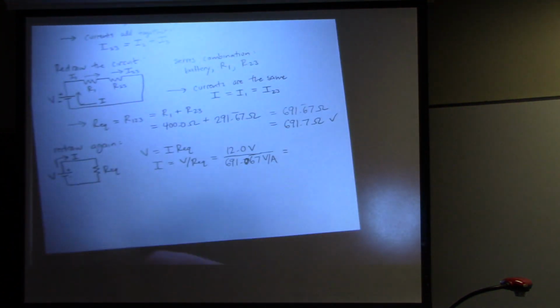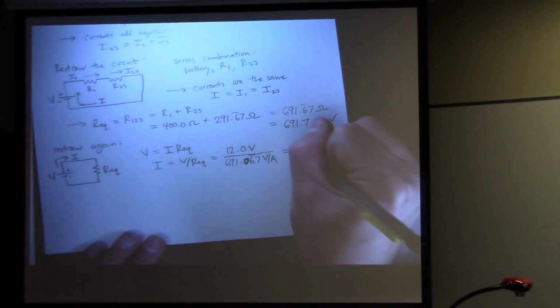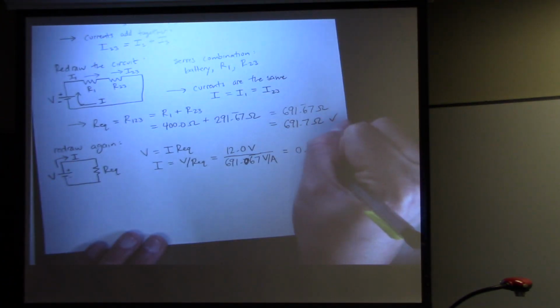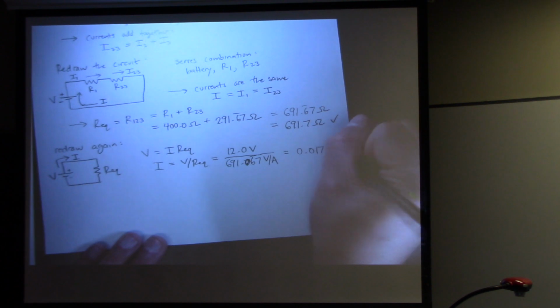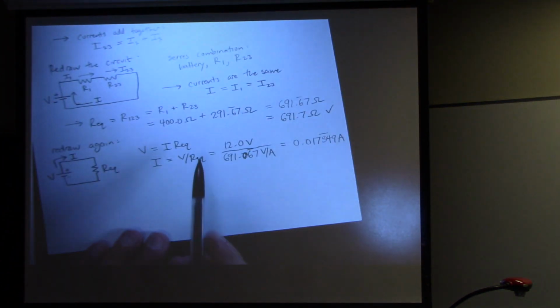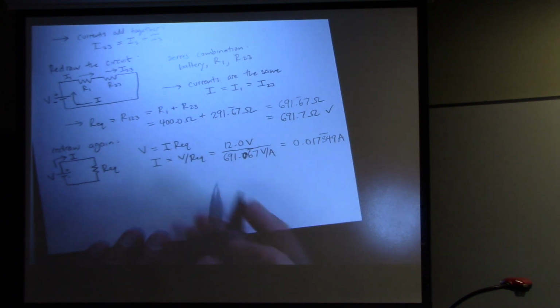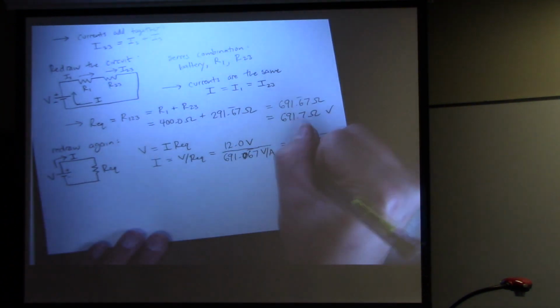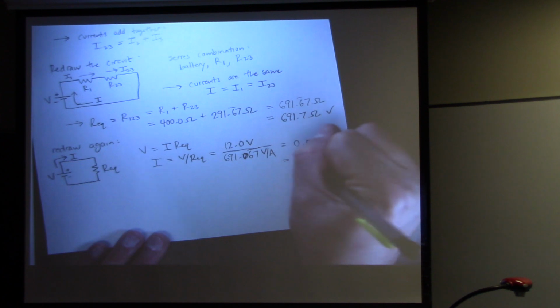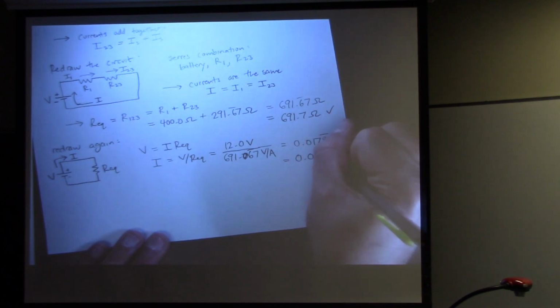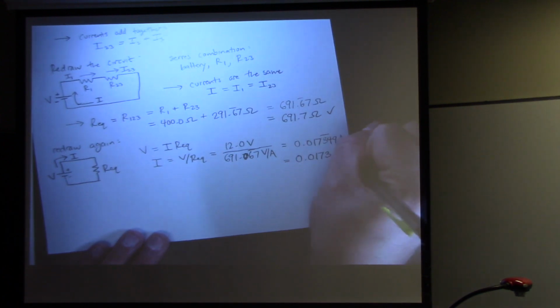Okay, so we get the current I, which is 0.017349 amps. But in this case, we should actually be keeping just 3 sig figs from up here. So the answer I would write here is 0.0173 amps.